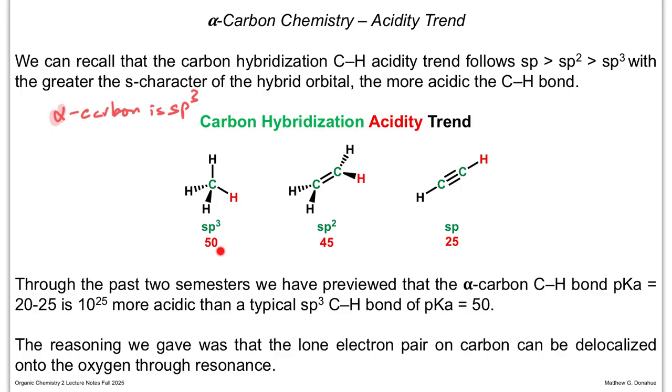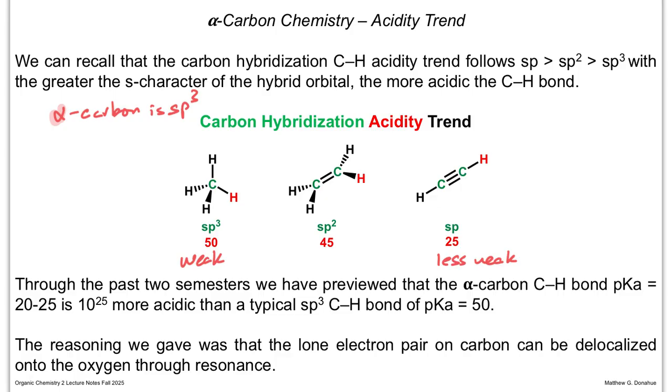The pKa is 50, meaning that's a weak acid. So the fact that the carbonyl is next door enhances the acidity quite a bit. sp2 hybridized carbons, they're still weak, but not as much. And then sp are the most acidic, or the less weak, of that type of CH bond.